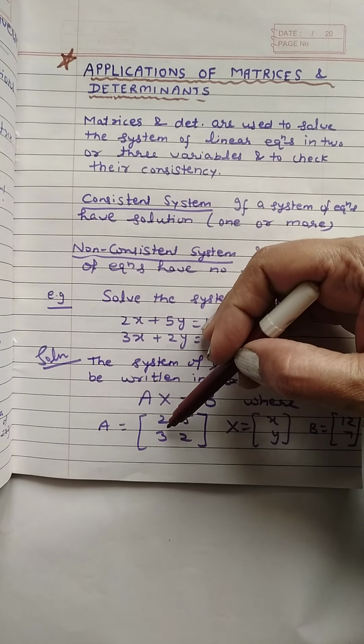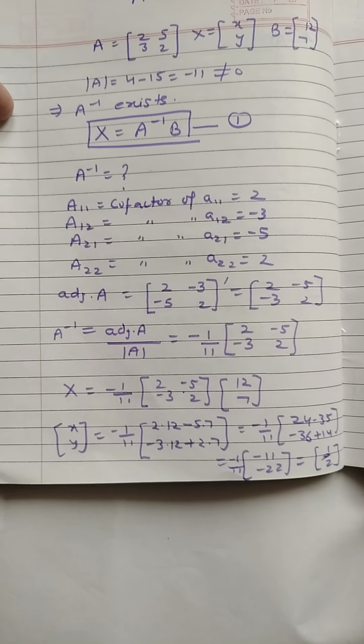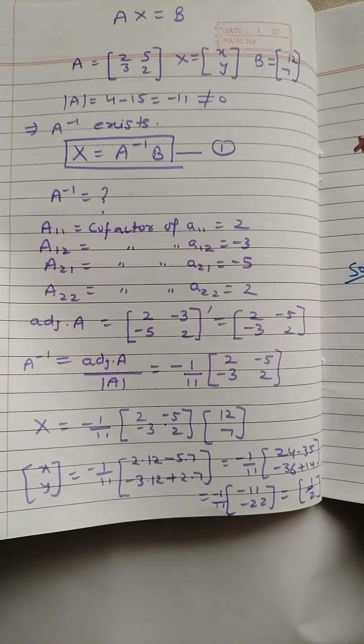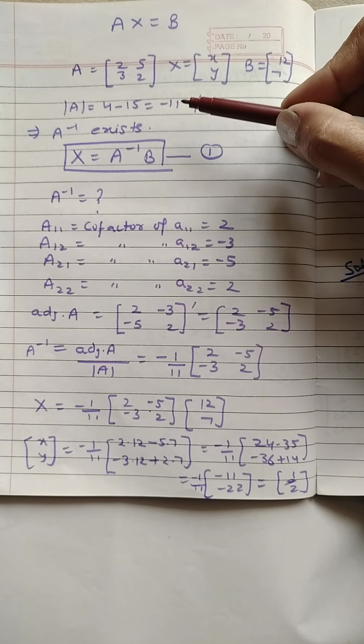So after writing this, what do you have to do? Ax = b, where you know A, X and b.